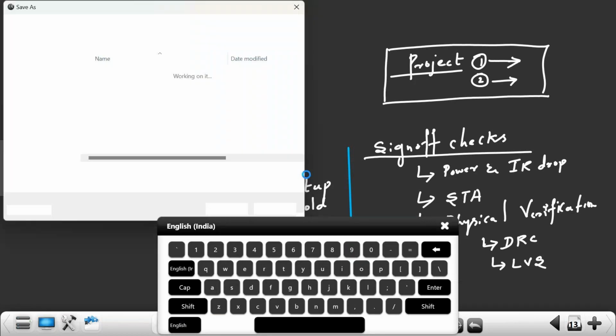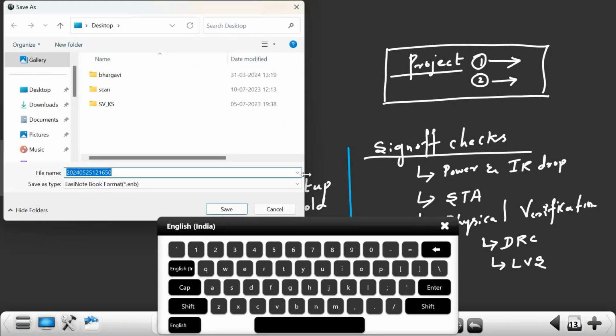Excuse me, sir. Yes, tell me. Weekdays labs have to be offline only, sir? Both, online and offline both. Same as how we are doing online now, we can do. Yes, all the modes are on both.